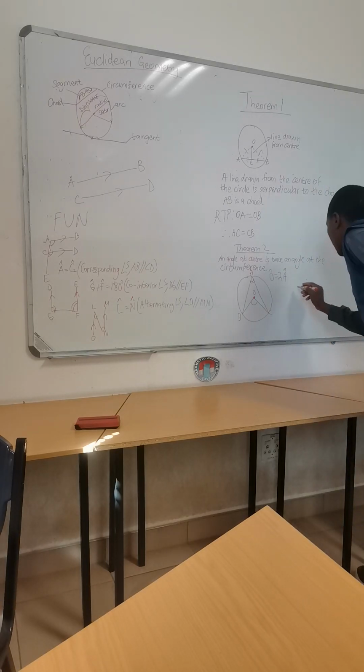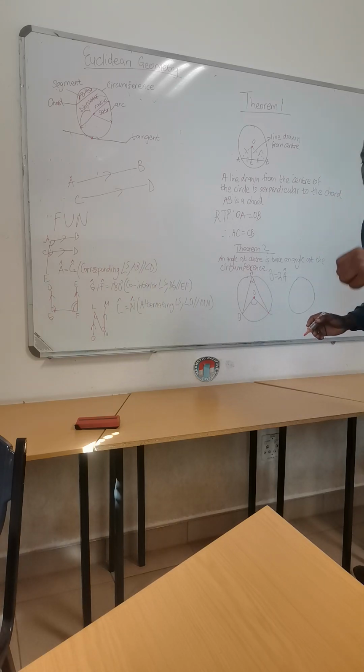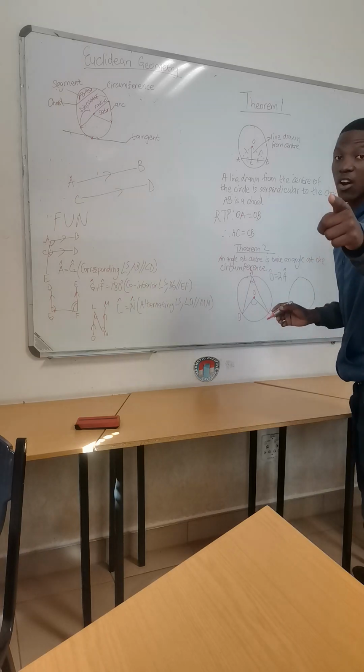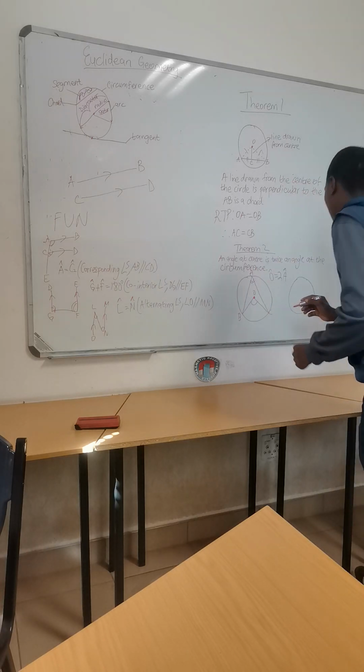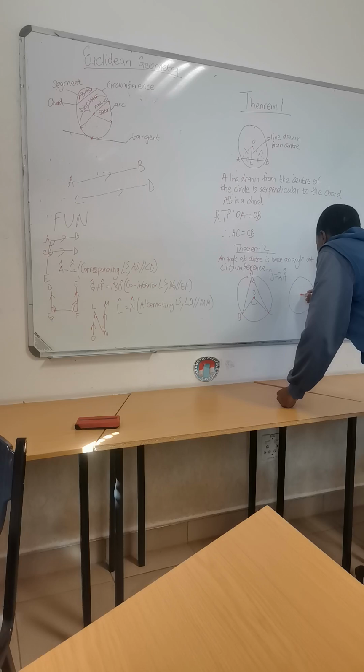And then we have another circle again. As long as the lines touch the circumference, they touch the center of the circle and the circumference. And then we have another one in this form.